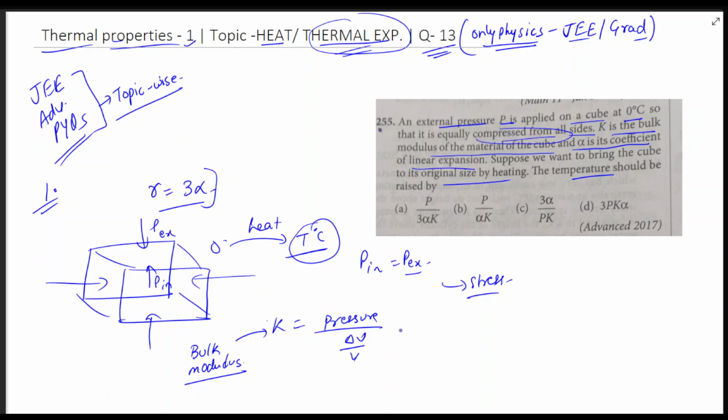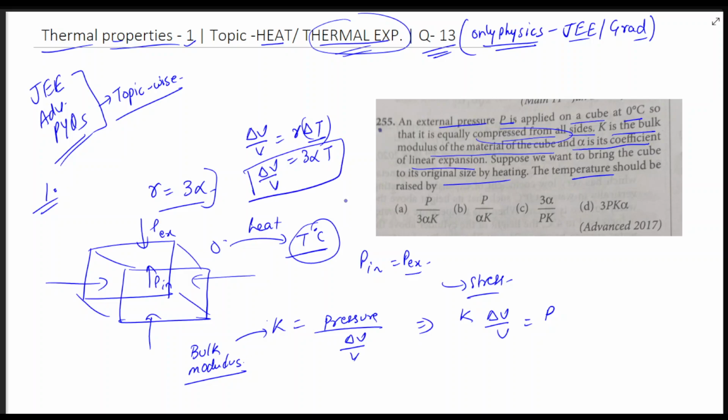So let's cross multiply it. Delta V by V equals pressure, which is P. Now we know delta V by V is gamma delta T, and delta T is T minus 0, so it will simply be T, and gamma will be 3 alpha, so 3 alpha into T.